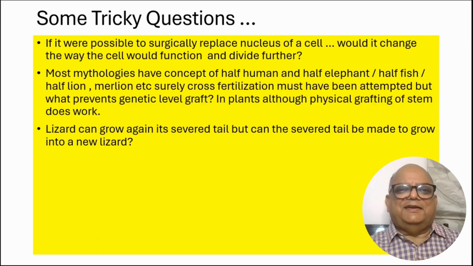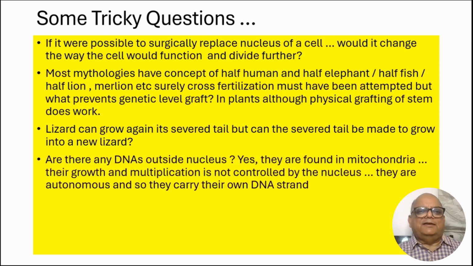So again, the direction in which the cell division will be directed by the genetics, whether it is possible to reverse it, and from a cut tail or from a hair, can you grow the full human being, for example? So the question is something like that, but obviously it doesn't work like that. Next question is, are there any DNAs outside the nucleus? Yes.